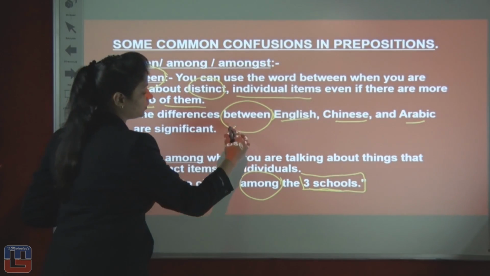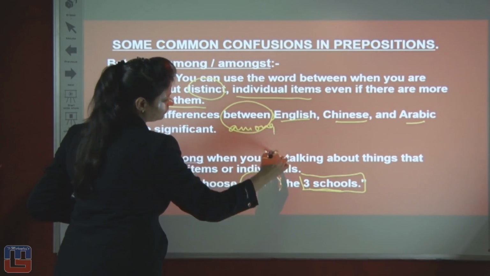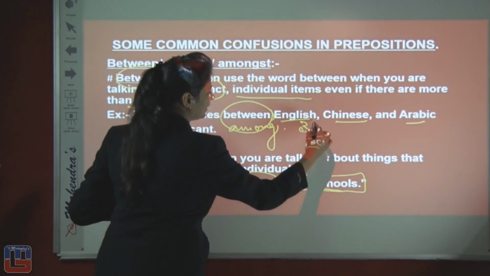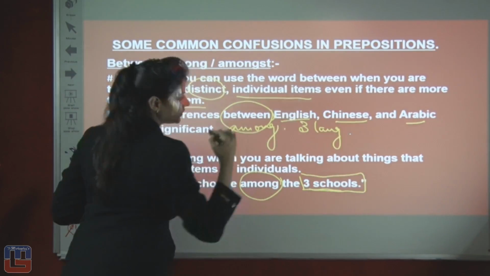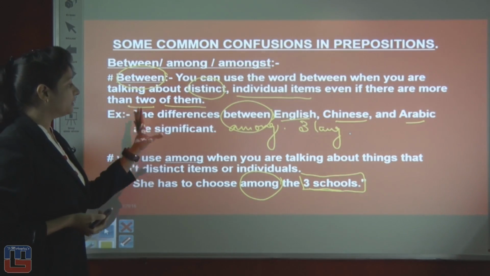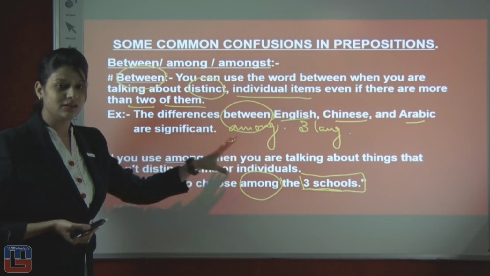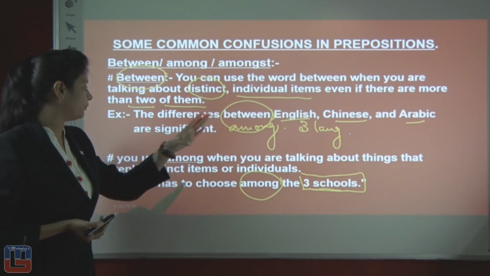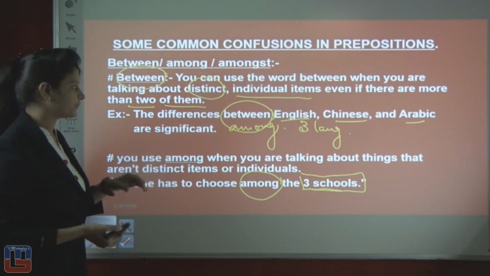I could also have used among in the language example, but in that case it should be three languages. So the sentence can be: the differences among three languages are significant, or the differences between English, Chinese and Arabic are significant.